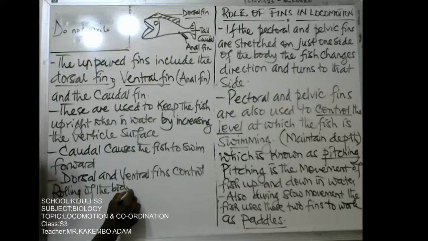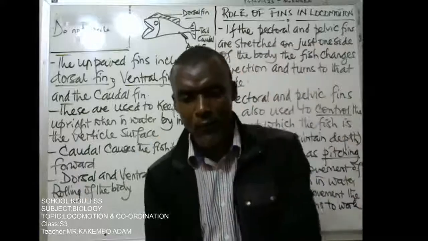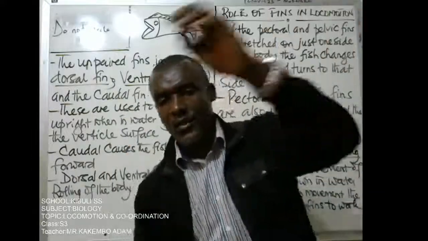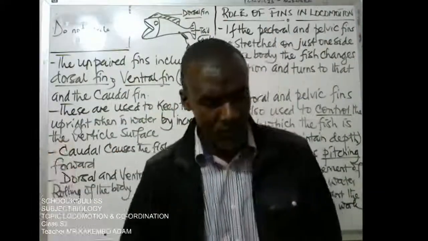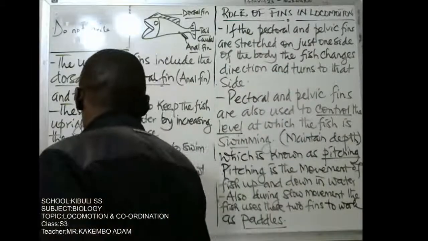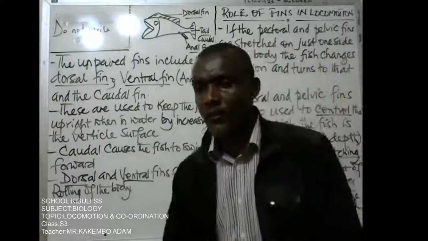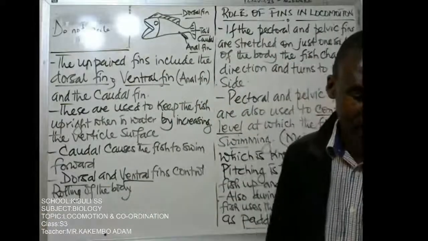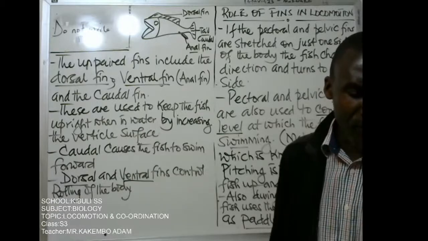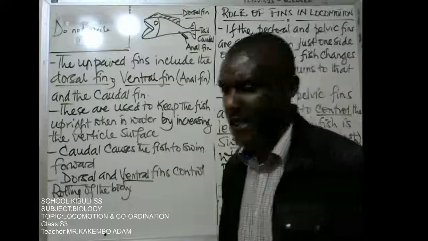They prevent rolling, that is unstable movement, so the fish can't roll in water. So that is the role of the dorsal and ventral fins: to avoid the body being rolled when in water. The dorsal and ventral fins also control and prevent yawing in water.